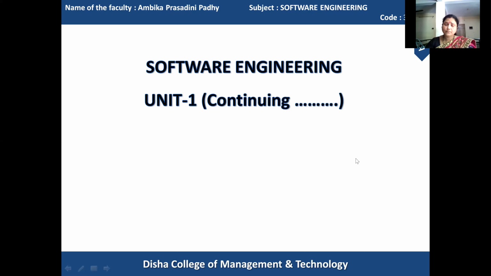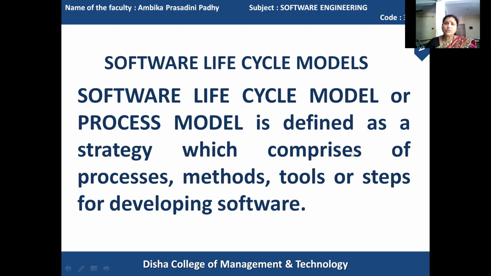models. In our software lifecycle models, we have a concept that is defined as a strategy which comprises processes, methods, tools, or steps for developing software. When we are performing any activity through automated software, we have a number of processes to execute.